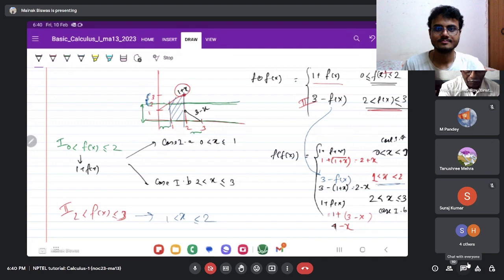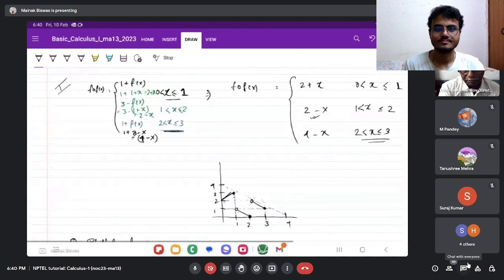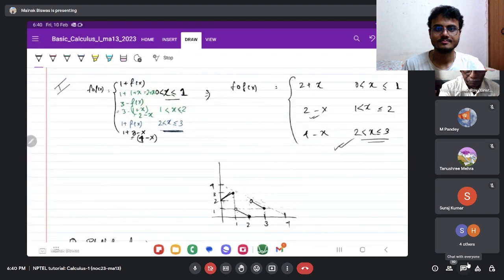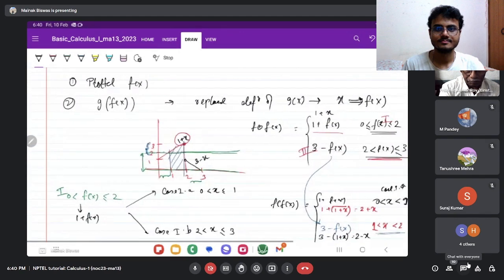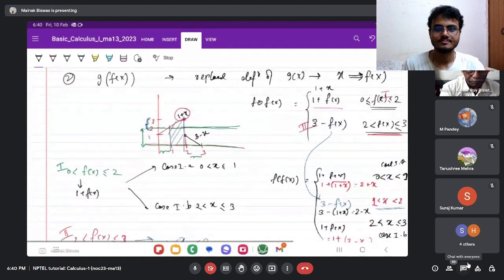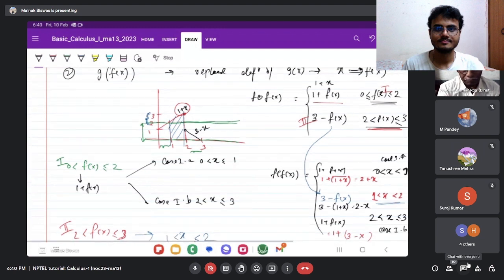So now is this clear to everyone? So it becomes 2 plus x, 2 minus x, and 4 minus x. This is how we have defined it. We could have easily done it algebraically, which we'll be doing next, but this will always help. This will solve all problems of making mistakes. Just now we were going to make a mistake by putting the value of 1 plus x here.